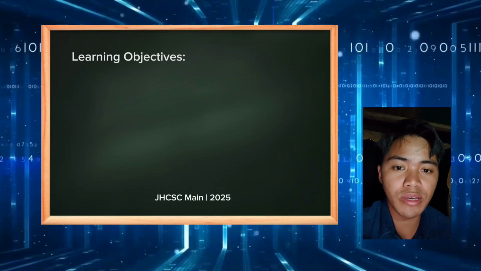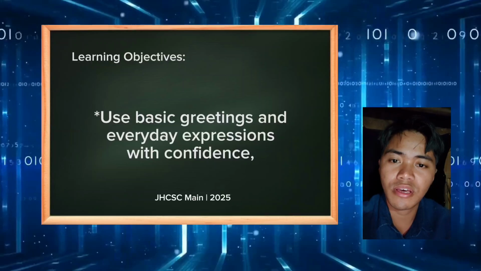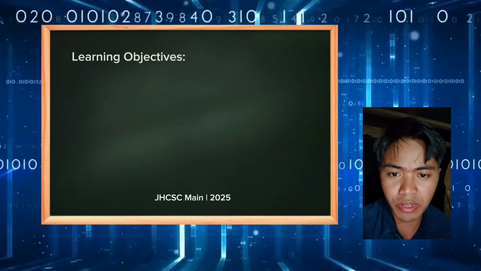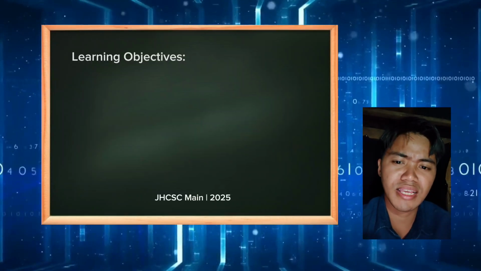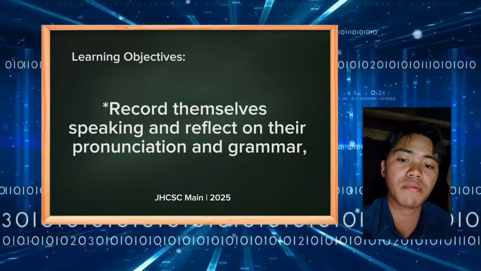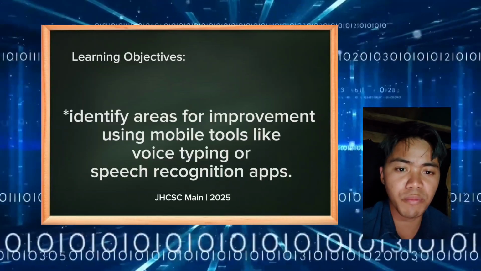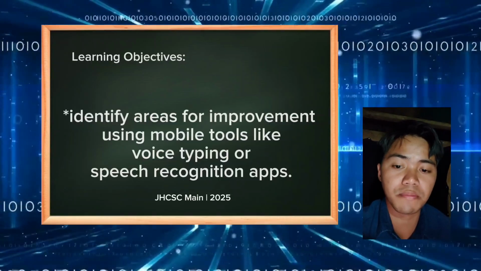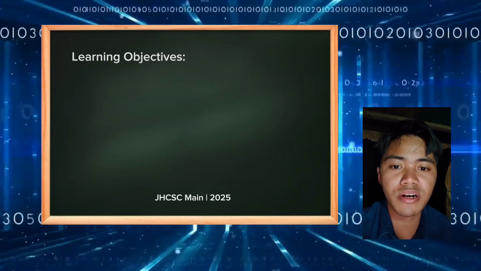By the end of this week-long unit, learners will be able to use basic greetings and everyday expressions with confidence, respond to and participate in simple English conversation, record themselves speaking and reflect on their pronunciation and grammar, and last, identify areas for improvement using mobile tools like voice typing or speech recognition apps. These objectives support both communication and learner autonomy.